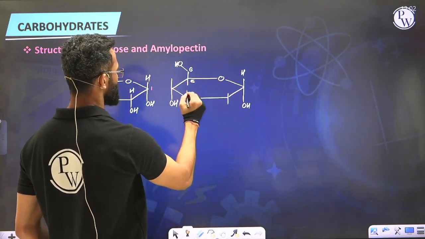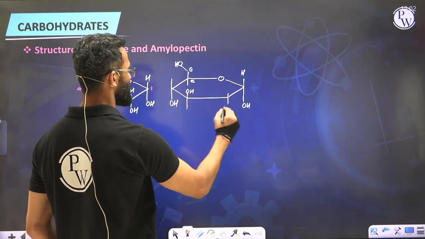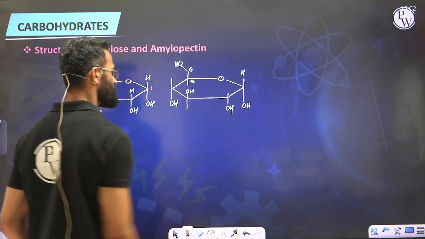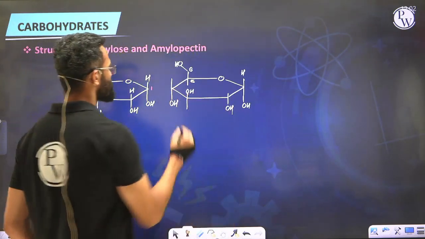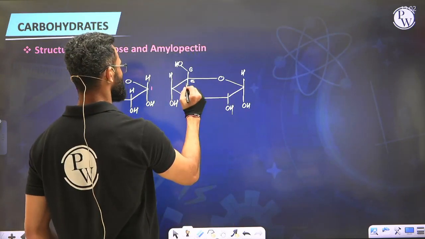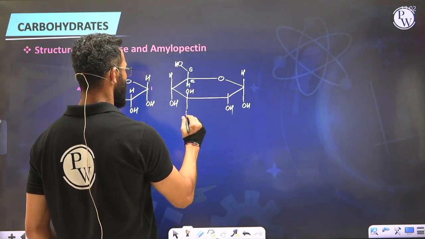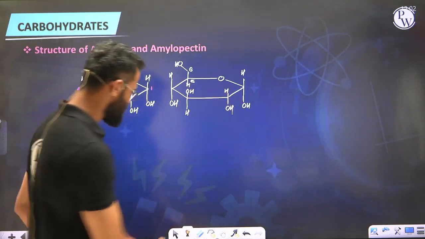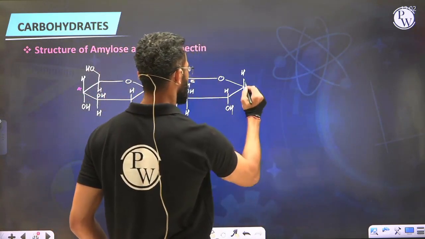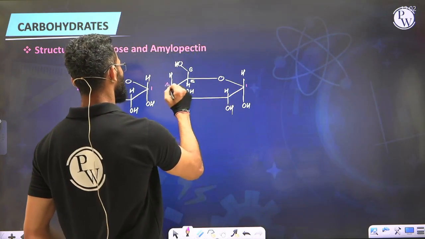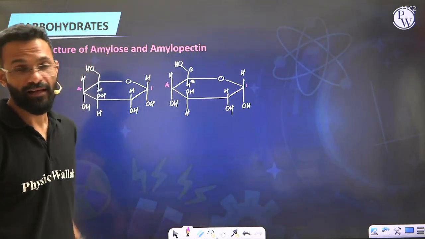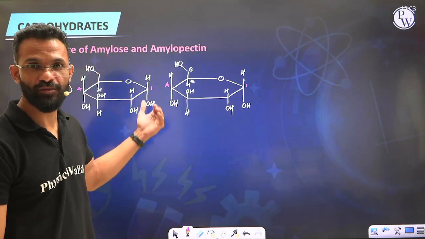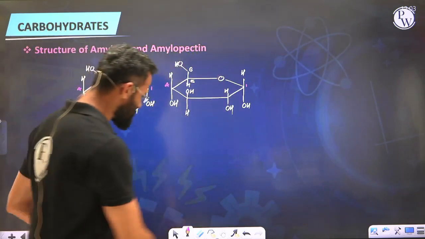Right, right, left and right. Remaining valencies with H's. And again, just mention the number. This is C1, this is C4. And since it is a polysaccharide, we cannot stop just at 2. There has to be more. So let me draw one more at least.